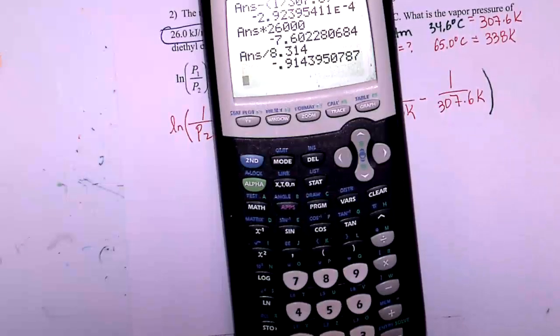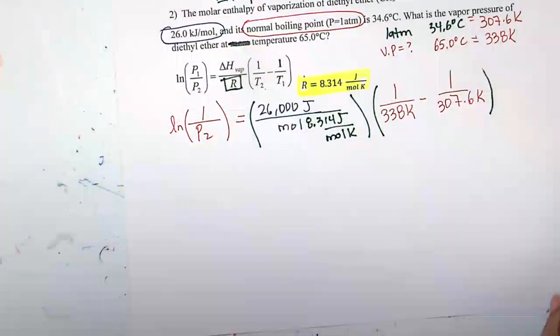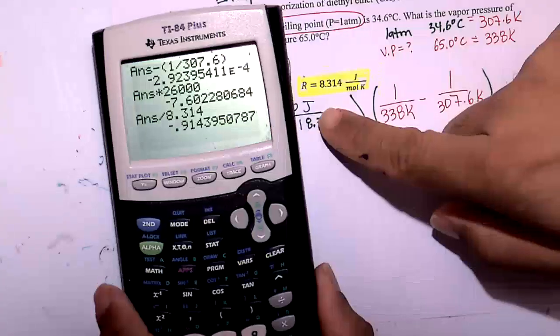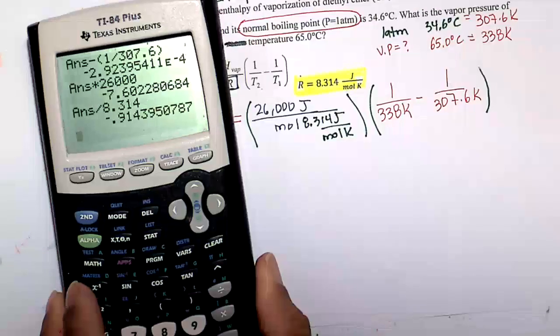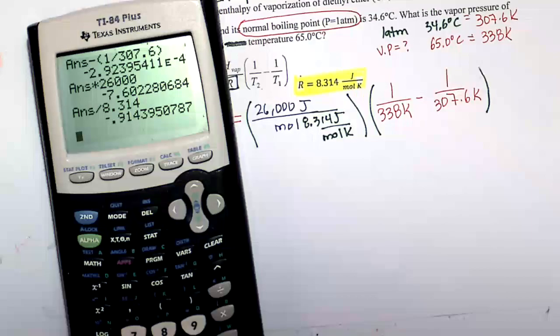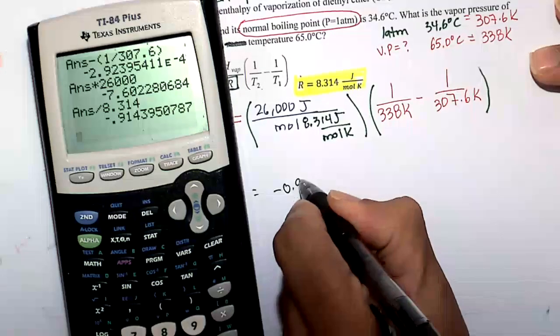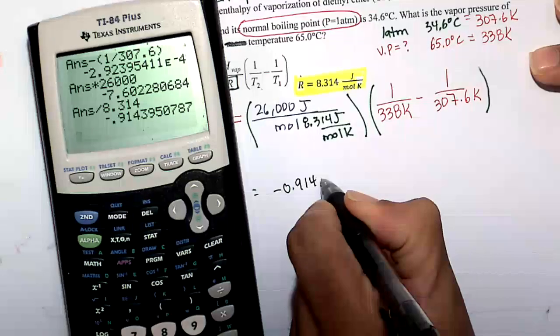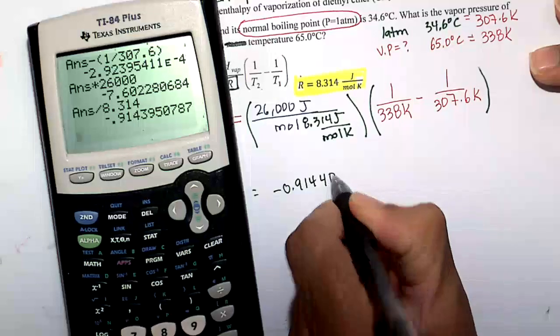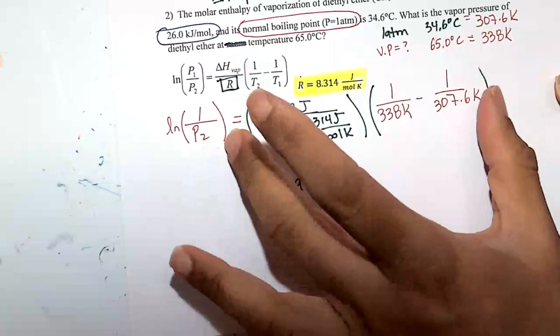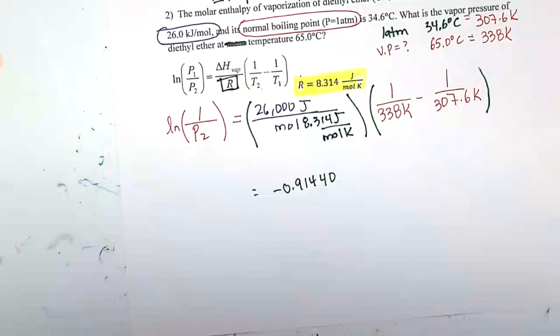Okay, I'm getting negative 0.9144. Oh yes, divide by R, yeah, okay. Negative 0.9144, I guess. That's what I'm getting when I do this whole big chunk of math.